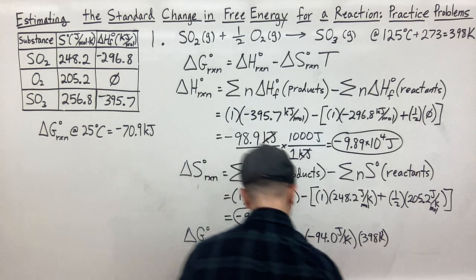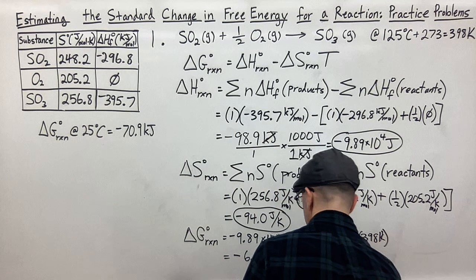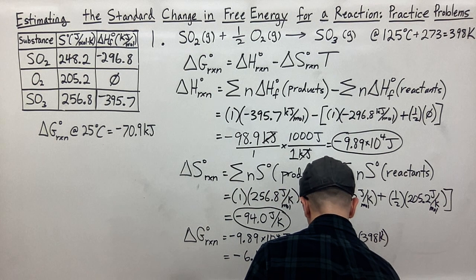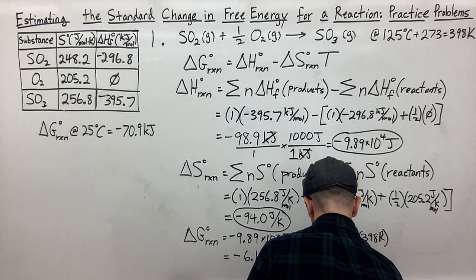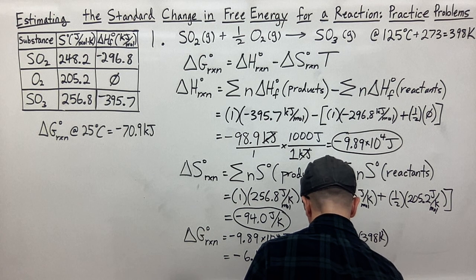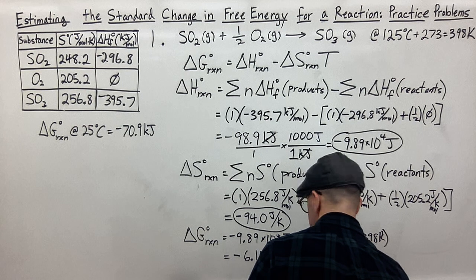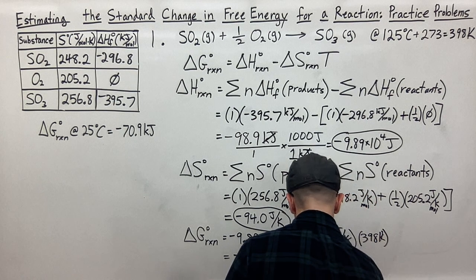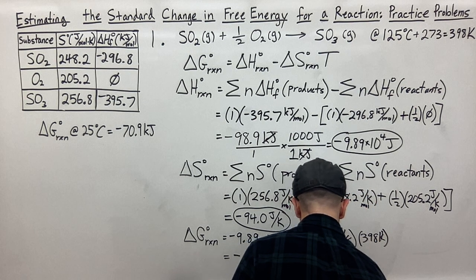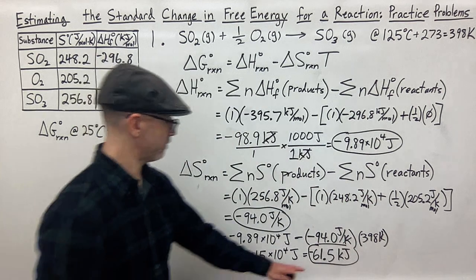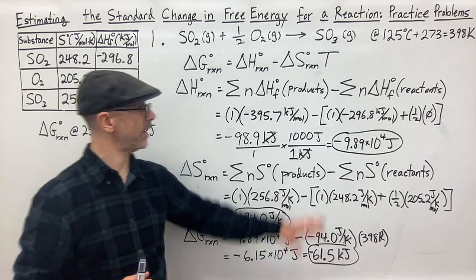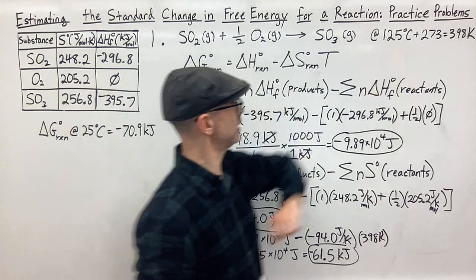And if we convert this to kilojoules, it would be negative 61.5 kilojoules. So again, still spontaneous at 125 degrees Celsius.